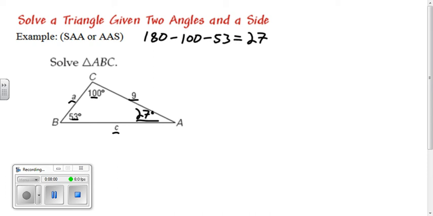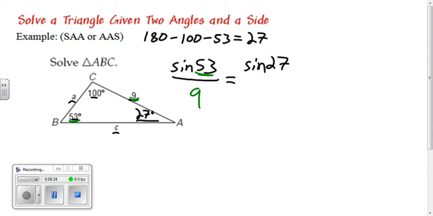So going by the law of sines, we would say then that the sine of 53, which we got from over here, sine 53, divided by 9, which is this piece here, that proportion or that ratio is going to be the same as the sine of 27, which remember we got from right here, over A.